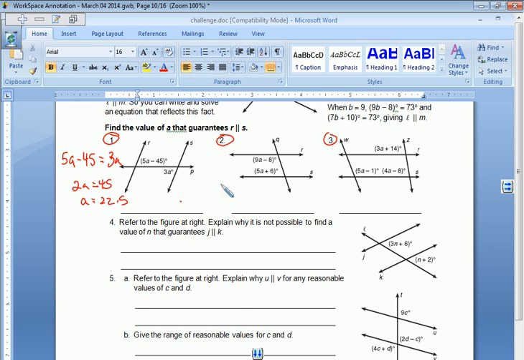They equal 180. Supplementary. So 9A minus 8 plus 5A plus 6 equals 180. So 14A equals 182. And then A equals 13. Right?